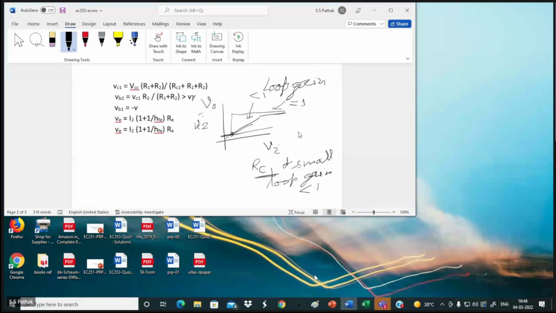And when the feedback loop gain becomes greater than 1, then the characteristic will be something like that. So this is the place where RC1 is sufficiently large.